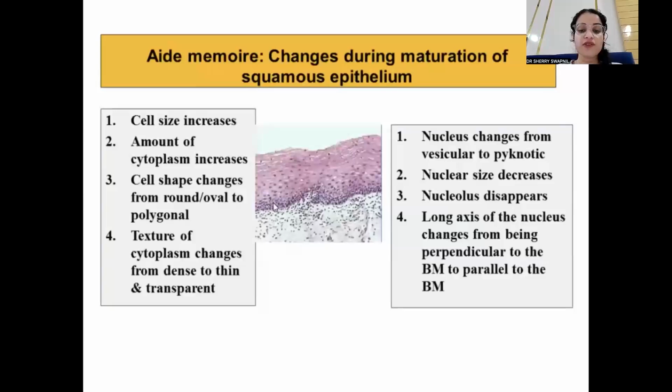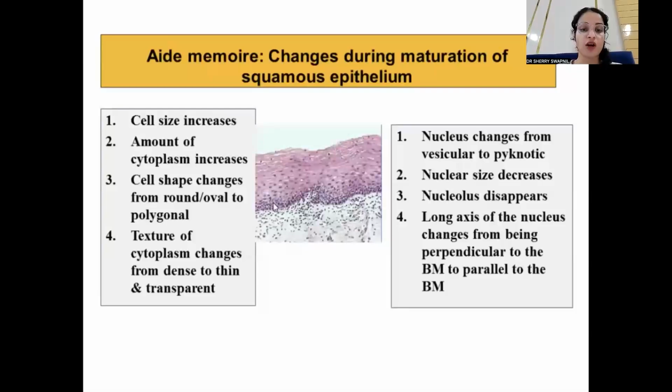So these are the changes during maturation of squamous epithelium. As I have told you, cell size increases, amount of cytoplasm increases, cell shape changes from round oval to polygonal. Texture of cytoplasm changes from dense to thin and transparent, as we have seen in the earlier slide. The nucleus also changes from vesicular to pycnotic.